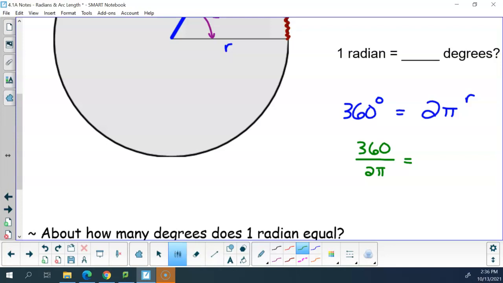Somebody with a calculator, please. We'll round to 4 decimal places. 360 divided by 2 divided by pi. Don't go divided by 2 pi unless you put the 2 pi in parentheses.